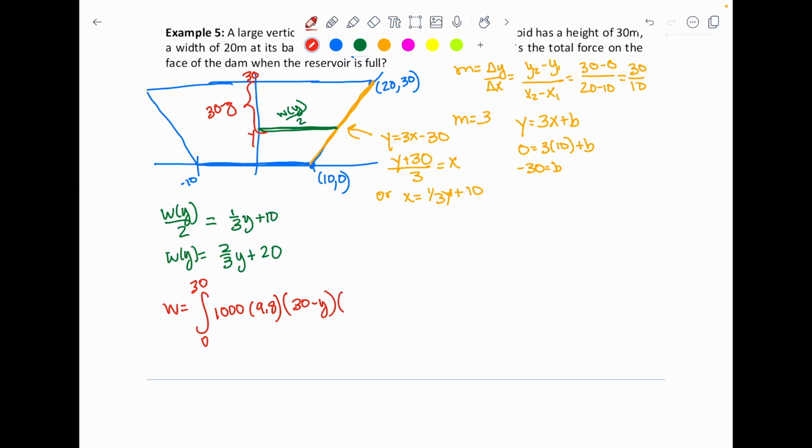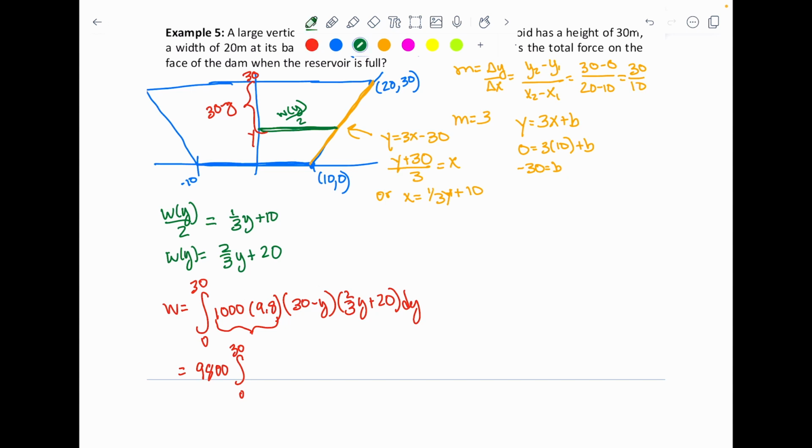And then I have my width function, which we already found was 2/3 y plus 20, dy. All right, so now what I've got is a constant here. I can multiply those together and pull them out in front of the integral just to make things a little bit easier for me. So I'm going from 0 to 30.